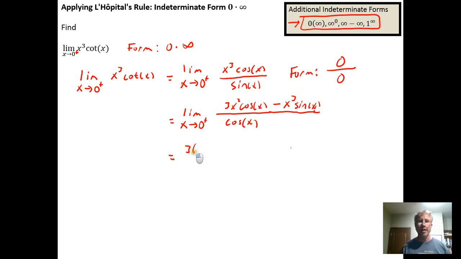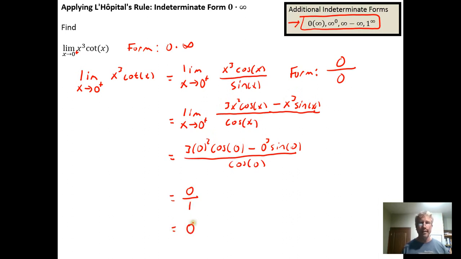So I get 3 times 0 squared times the cosine of 0 minus 0 cubed times the sine of 0 all over the cosine of 0 equals, and the 0 here and here will completely zero out the numerator, and the cosine of 0 is 1, so I get 0 over 1 is 0.